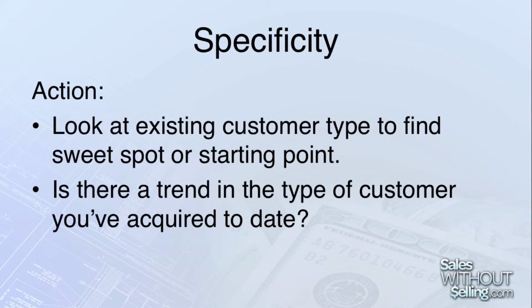So they're obviously doing something really specific and very successful with retailers. That is where we've decided to focus, creating a very compelling offer for retailers. So again, look and see, is there a trend in the type of customer that you've acquired to date? And I want you to do that straight after this call.